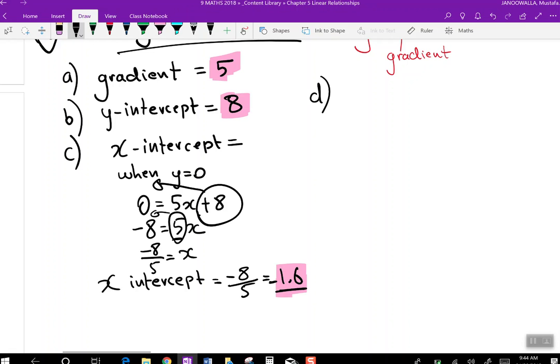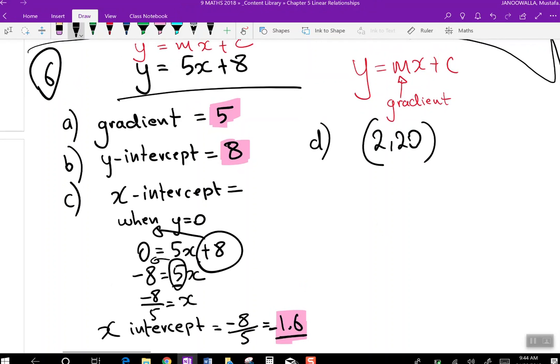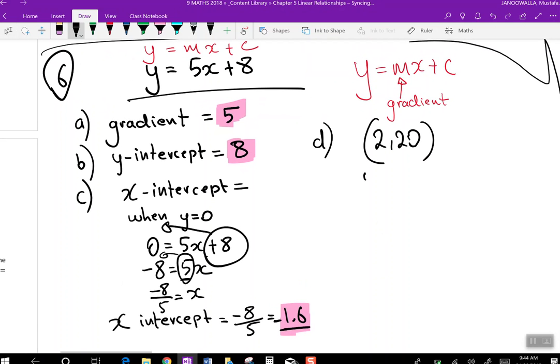All right, part D says, does it pass through the point (2, 20)? You only have to focus on one. What you do is, where you have your equation y equals 5x plus 8, where you have x, you substitute 2, because you know that's your x value.